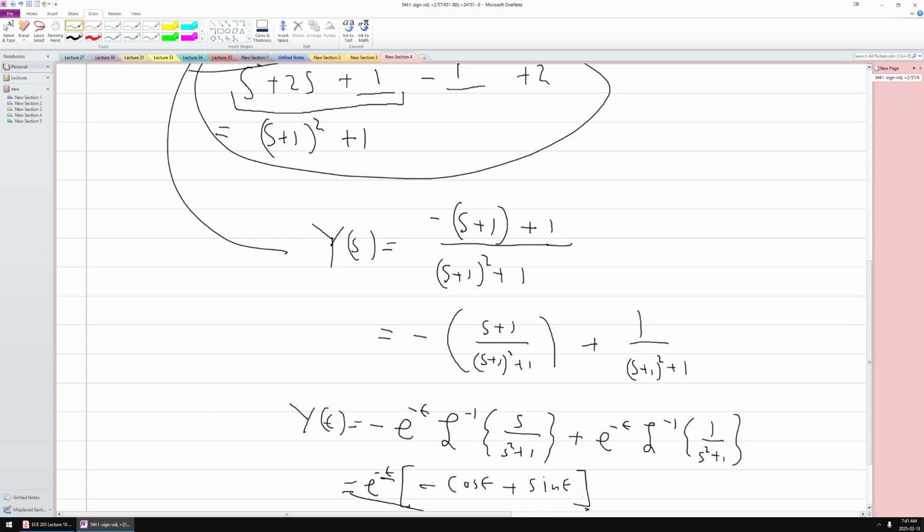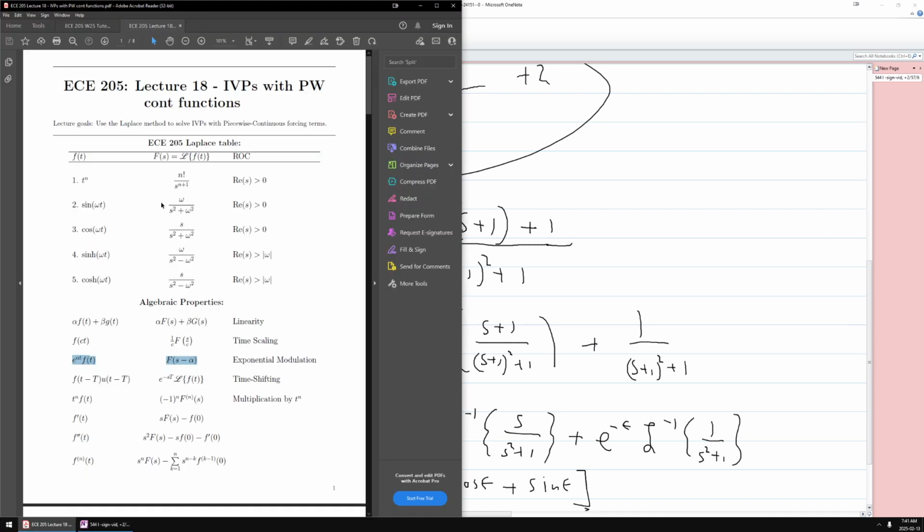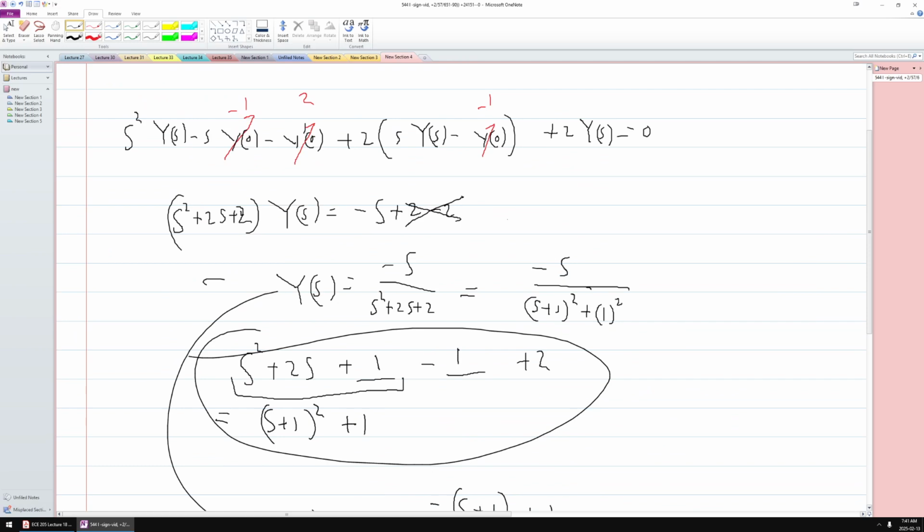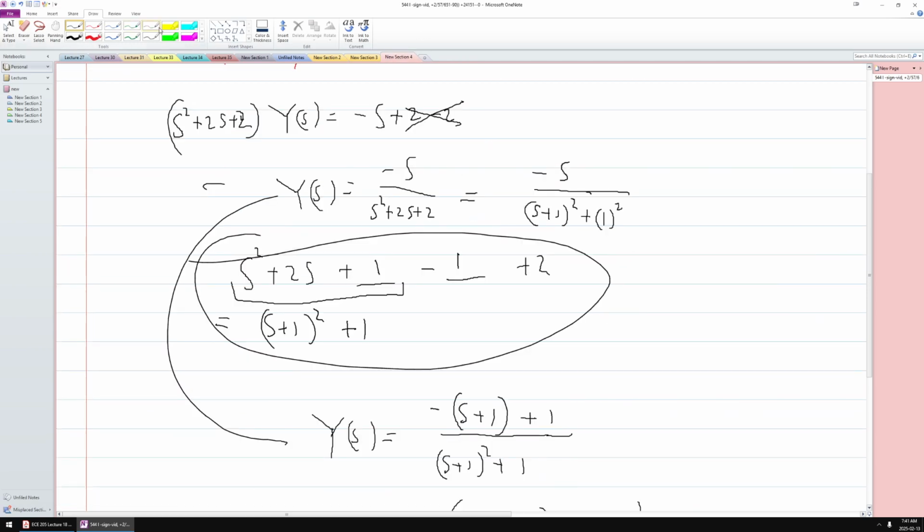Yep. So the trick is, once you've factored things out, you try to look for stuff that looks like things in my list. If those aren't there, then you go for the exponential, right? And if neither of those are there, then you go for a combination of exponentials with these, right? So the indicative factor here that I should do completing the square is literally the fact that this is a quadratic.